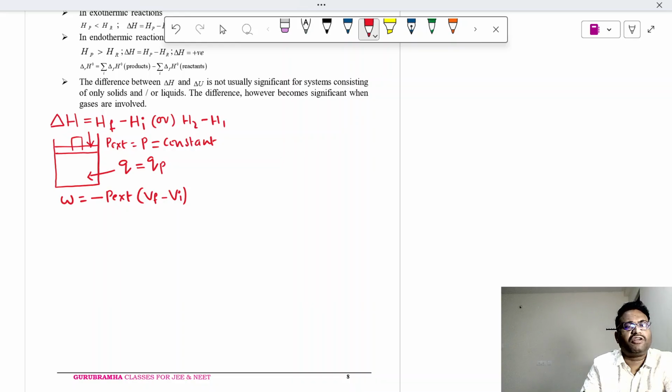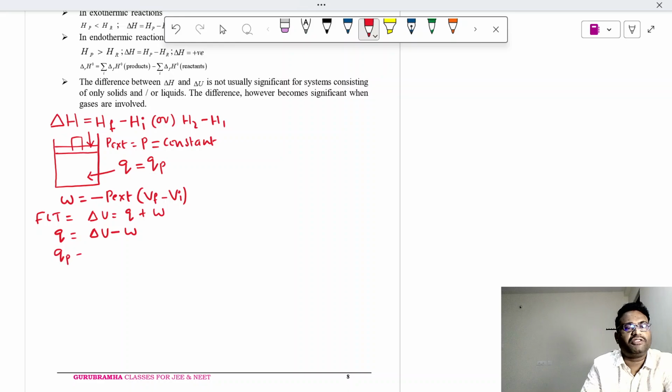From the first law of thermodynamics, what did we understand? We can say that delta U is equal to Q plus W. Okay. Then what will be Q? Q is equal to delta U minus W, right? So here we are speaking about constant pressure.